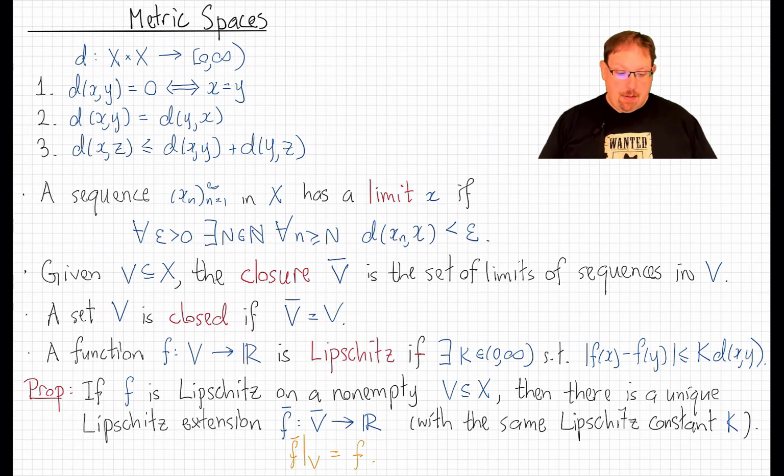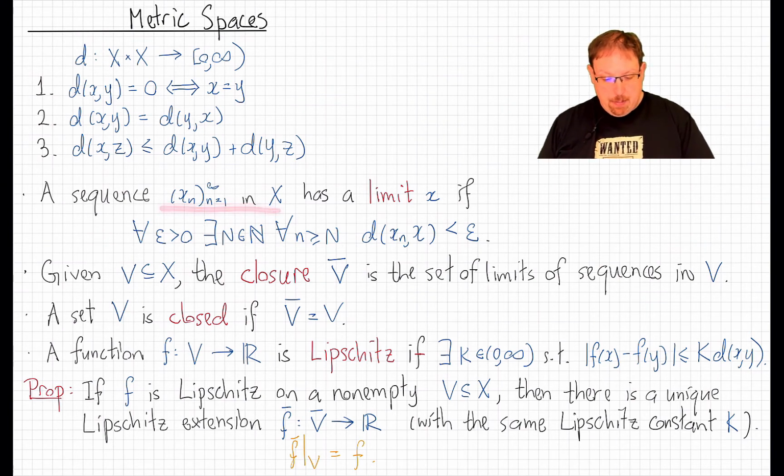Now, when we have such a metric space, an X equipped with such a d, then we have all of the standard notions of point set topology, which are as nice as they could possibly be, and we can do standard analysis. We talk about sequences in the metric space X. A sequence has a limit, a point x in the metric space X, precisely if Weierstrass's definition holds that for any small tolerance, we can find some index n so that for all later indices, the distance between xn and the limit x is as small as the tolerance we chose.